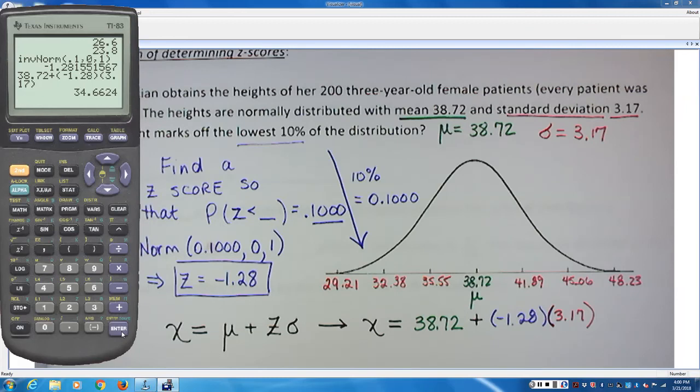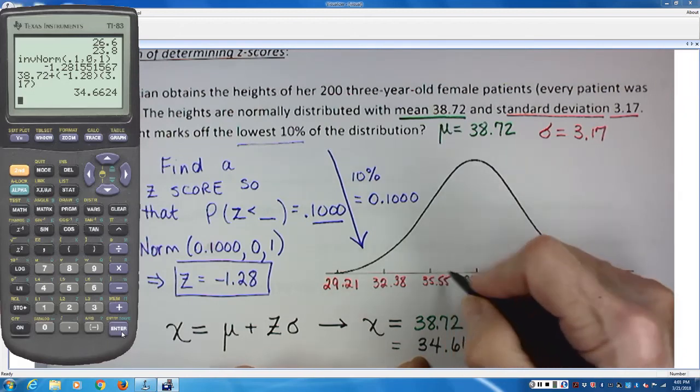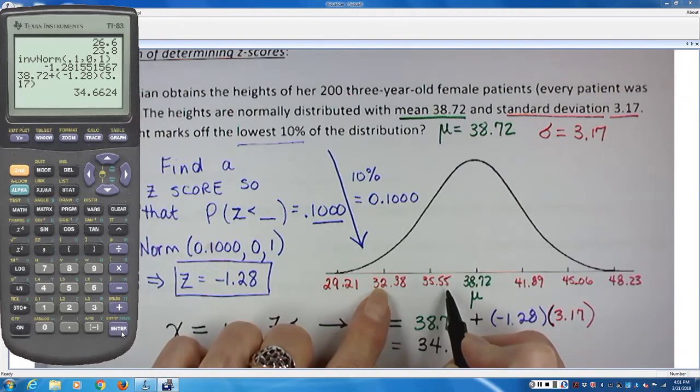We get 34.6624. So that patient would be about 34.66 inches tall, and that would put that patient shorter than the 35.55 inch patient, but taller than the 32.88 or 38 inch patient.